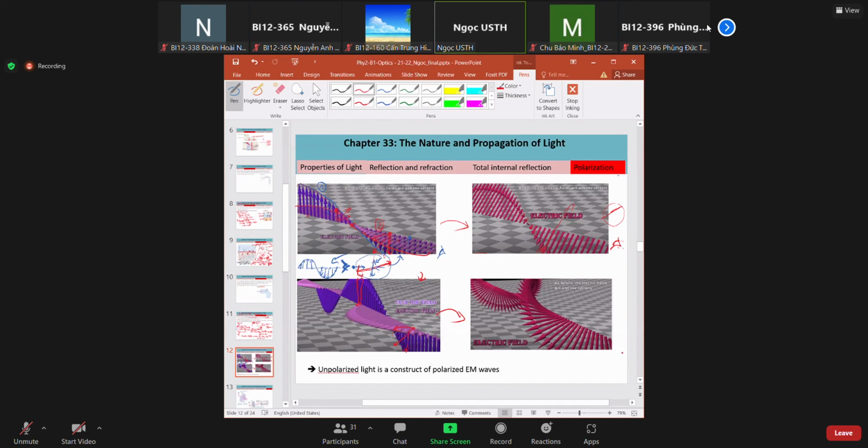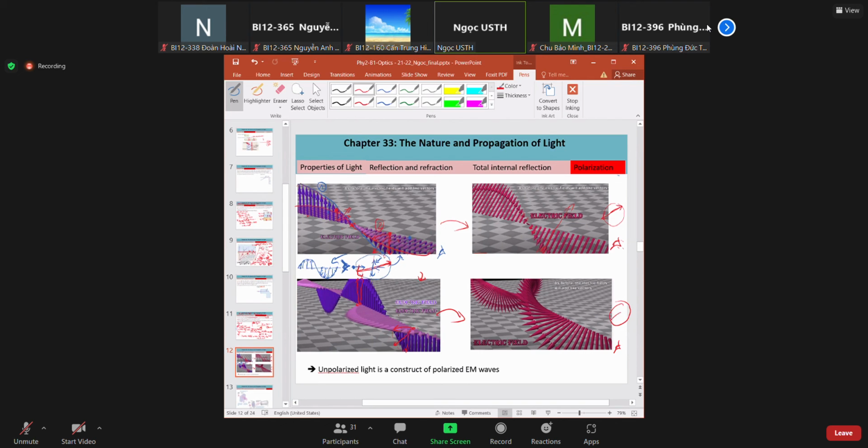Okay, so if you look at this light at this position, what will you see here? How about the polarization here? How about the direction of the electric field in this case?